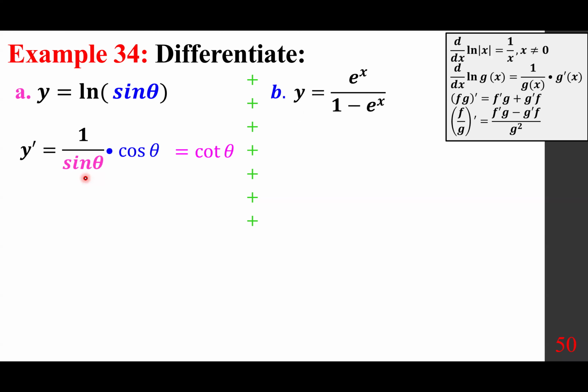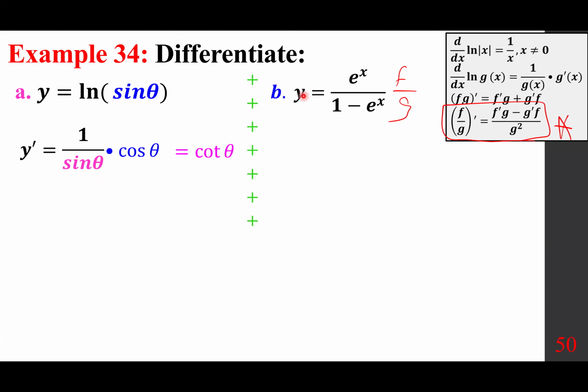Y equals e to the power of x over 1 minus e to the power of x. That requires the quotient rule. So we would write the quotient rule from memory, and we're going to follow that. Y prime is f prime g minus g prime f over g squared.